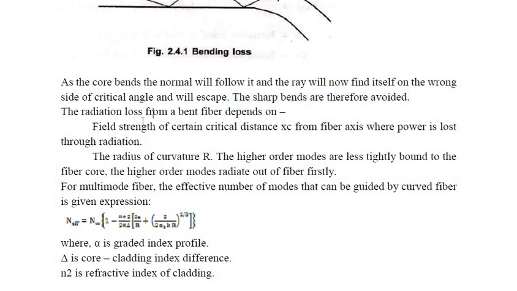The radiation loss from a bent fiber depends on the field strength at a certain critical distance xc from the fiber axis, where power is lost through radiation, and on the radius of curvature R. The higher order modes are less tightly bound to the fiber core.